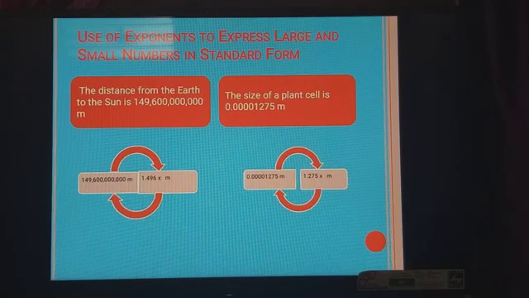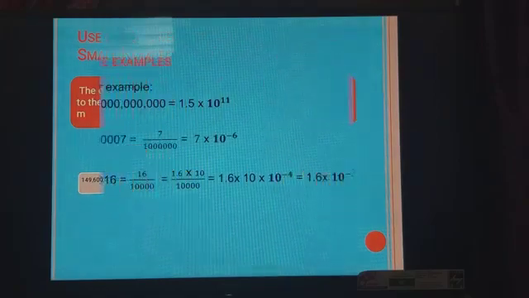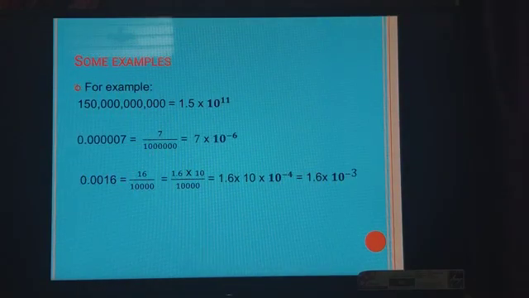For example, if the measure is 0.000125 meter, we will write it as 1.25 into 10 raised to negative 4. For another example, 1.5 into 10 to the power 11: here we see how many zeros there are, 1 2 3 4 5 6 7 8 9 10.